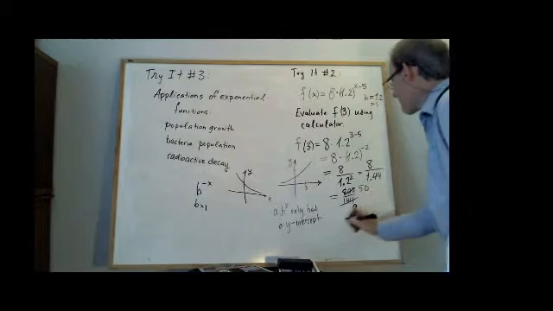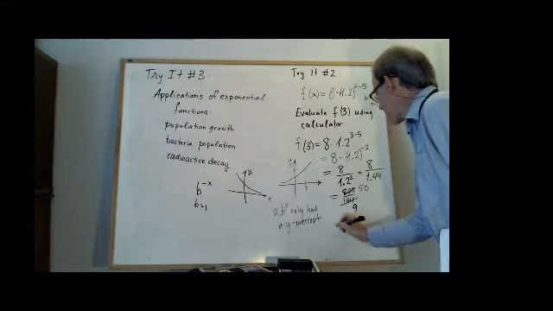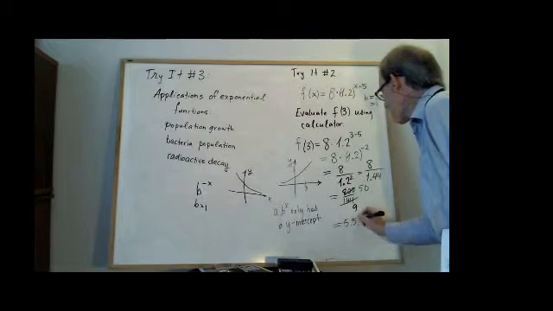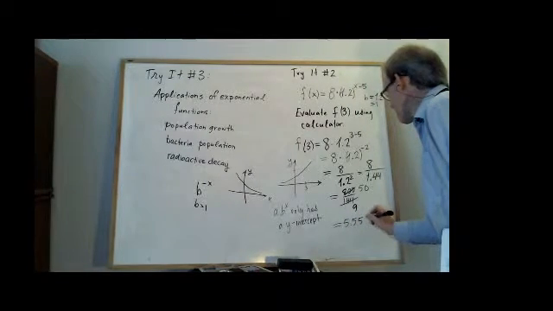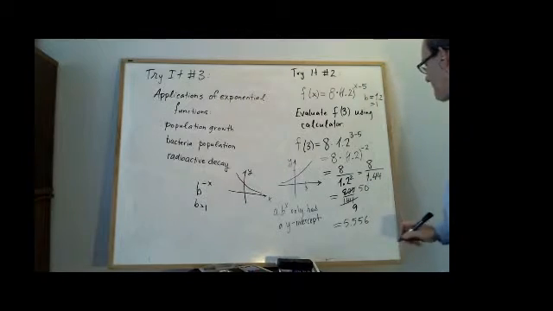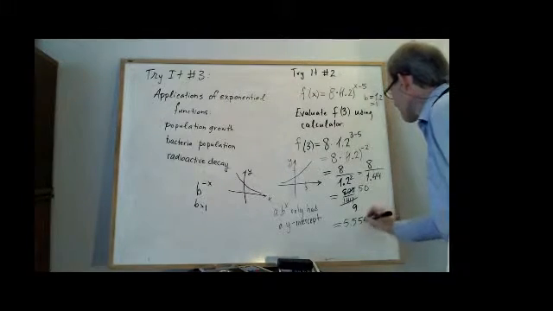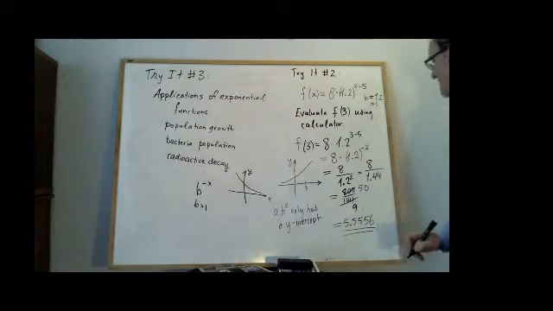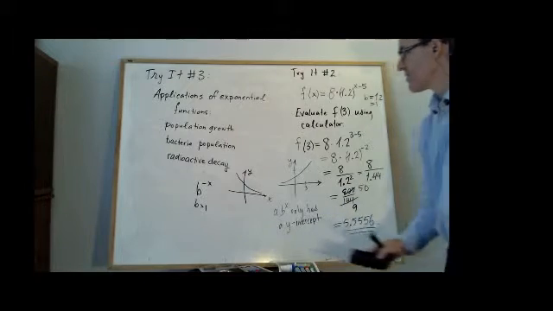Okay, so it's 50 over 9, and you can easily verify that 50 over 9 is just a decimal, 5.556, rounded off to 3 decimal places. Actually, they asked for 4, so it's 5 repeated anyway. So even without a calculator, it's not too hard to get this.